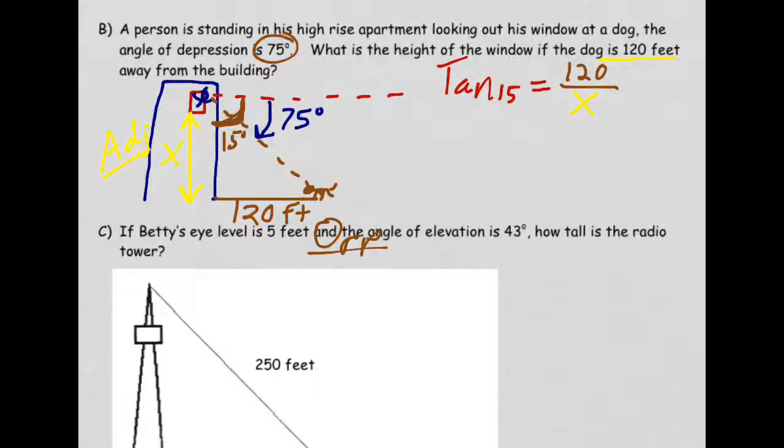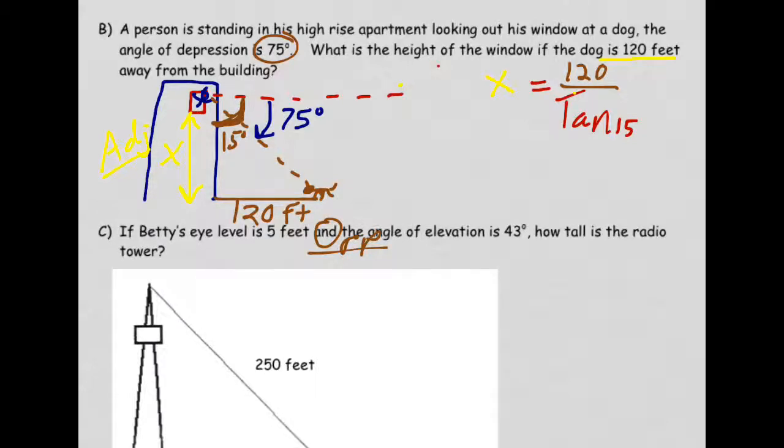And remember, our quick and easy cheat for this is to take the x, move it over here, take the tangent, move it over there. Whoops, my x is going crazy here.